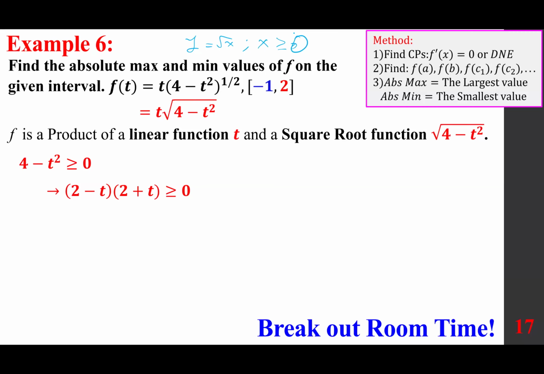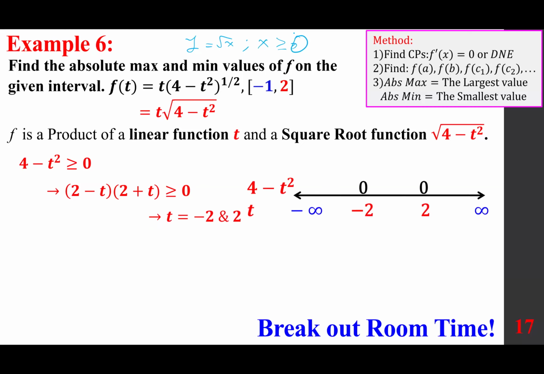It creates two answers if we set it equal to 0: plus minus 2. And now we go with what is called a sign graph. A sign graph consists of a number line from negative to positive infinity. At the bottom, you use the independent variable x, t, whatever you have. And at the top, you put the function of interest. In this case, it is 4 minus t squared.